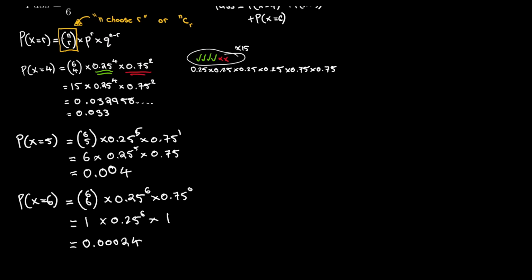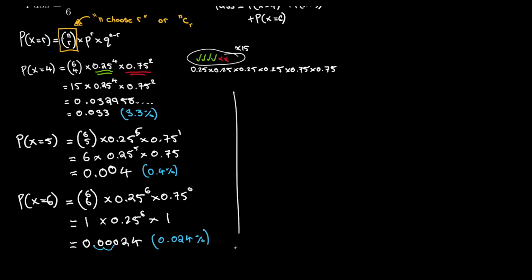And if I put their percentages in brackets here, this is going to give me 3.3% to get 4 out of 6 correct. This is going to give me 0.4% to get 5 out of 6 correct. And if I multiply this by 100, I get 0.024% chance. So it's a really, really small chance of getting 6 out of 6 just by guessing.